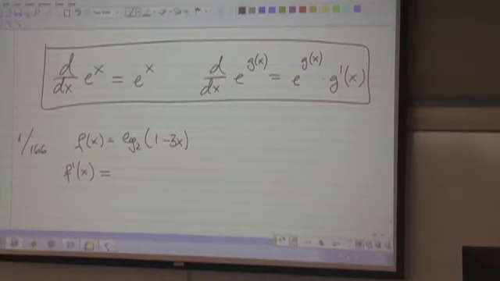Do you remember what the derivative of log base a of x is? It's 1 over x times the ln of a. Right? So what happens if I have a function? The chain rule tells me that this is going to be 1 over 1 minus 3x times ln of 2 times negative 3.